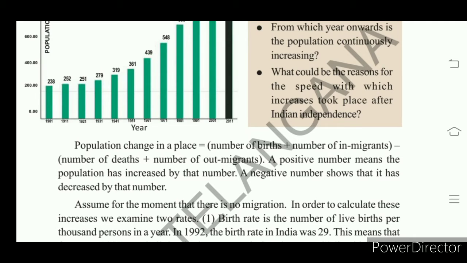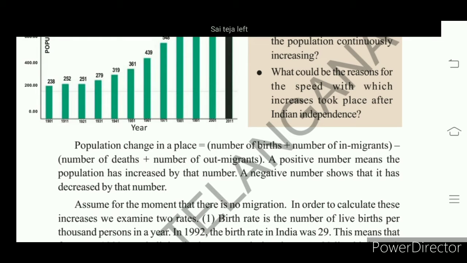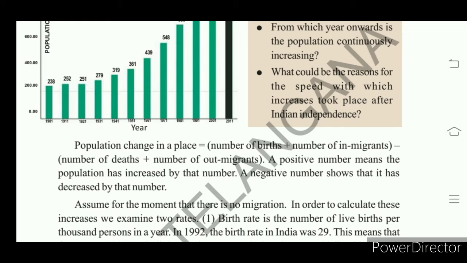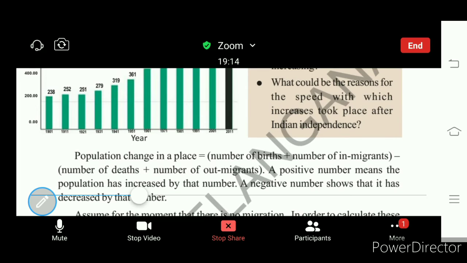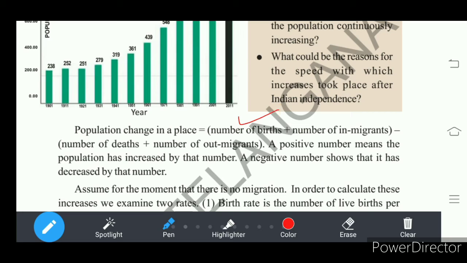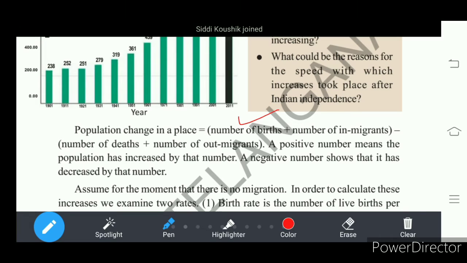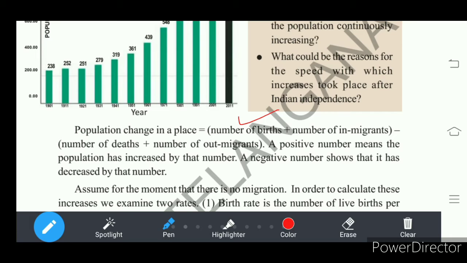For example, if we want to know the population change for the place of Karimnagar, then we have to identify the number of births in Karimnagar and the number of in-migrants, those who have come to Karimnagar, and those who move out of Karimnagar. That should be added. For example, some people have come from Warangal and settled in Karimnagar. That should be added.